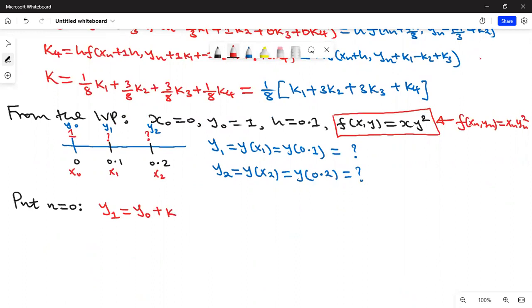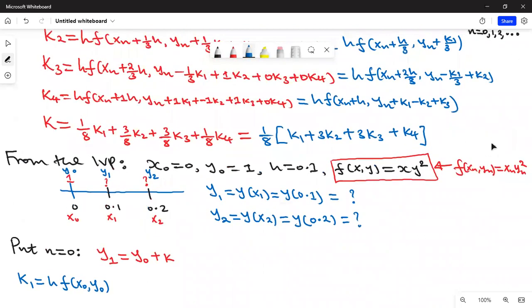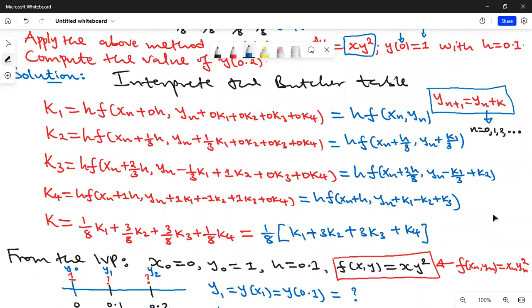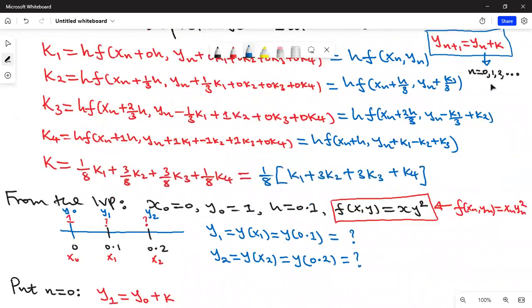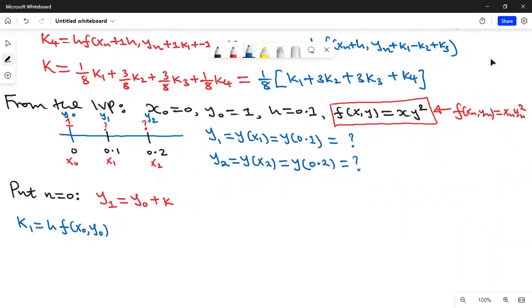So let's find the value of k, but before we find k, we need to find k1 all the way up to k4. We start with k1. It is equal to h f of x naught, y naught. You see, it was h f of xn, yn, but in this case, n is 0. That's why I'm using x naught, y naught. And we know the values of x naught and y naught.